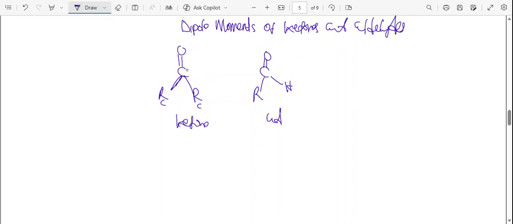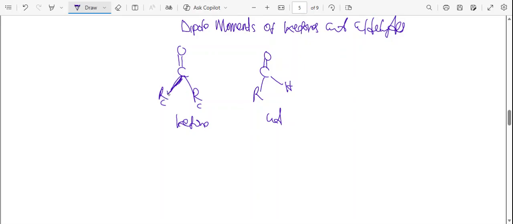So now what I'm trying to say is that the dipole moment of ketone will be quite high. Why? Because the dipole moment we're talking about is the subtraction that exists, the electronegativity difference.